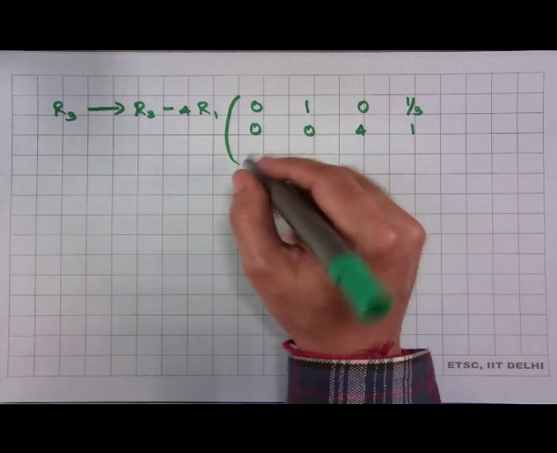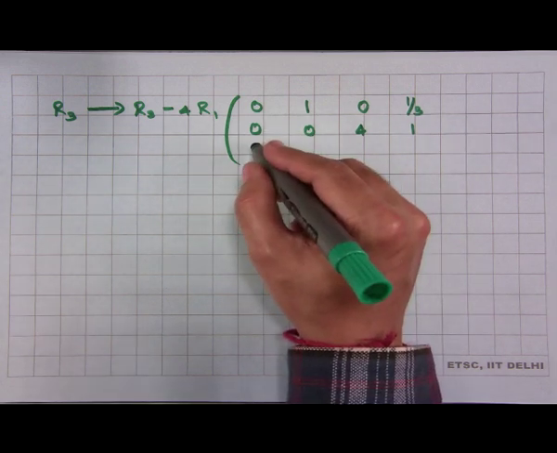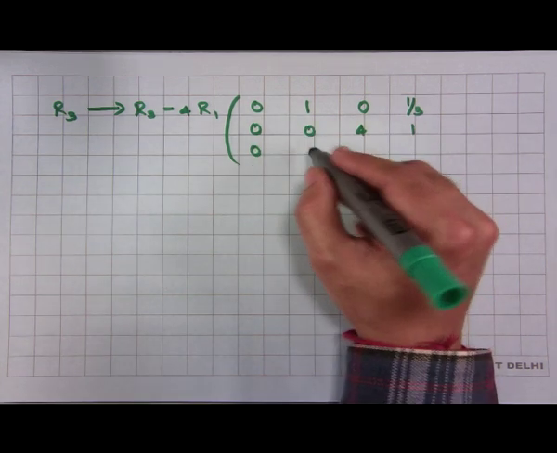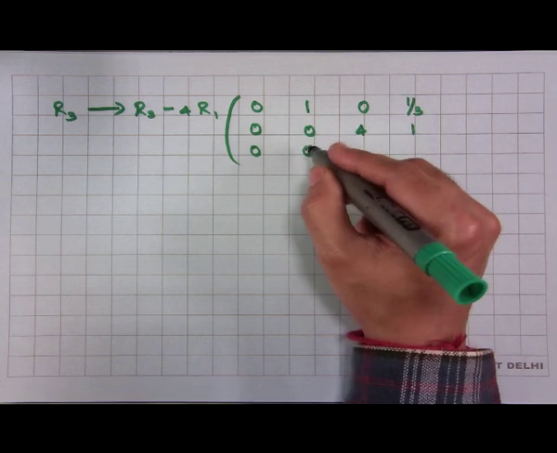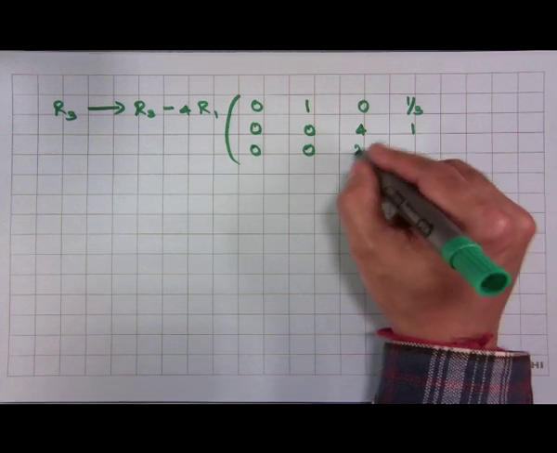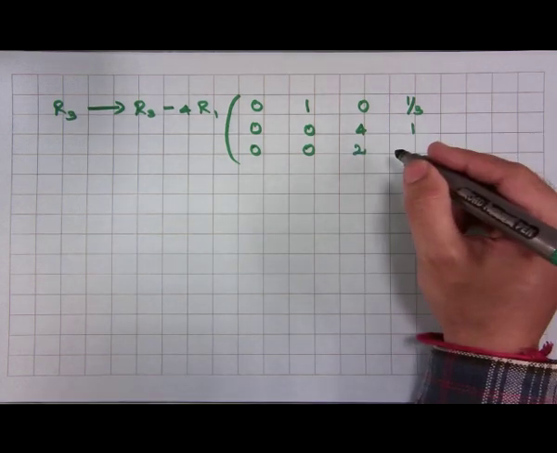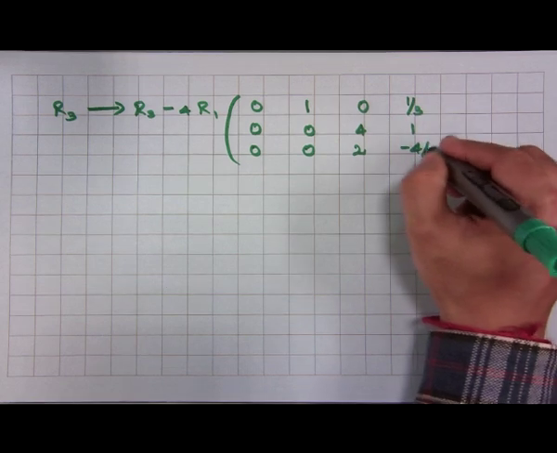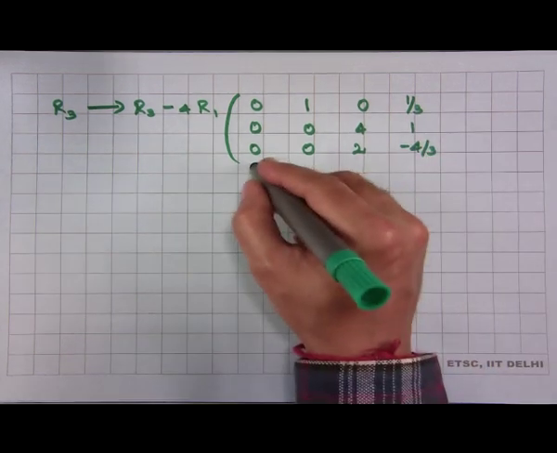Third row we are making a change, 0 minus 4 times 0, which is 0, 4 minus 4 times 1, which is 0, again 2 minus 4 times 0, which is 2, 0 minus 4 times 1 by 3, you have minus 4 by 3. The last row remains unchanged.